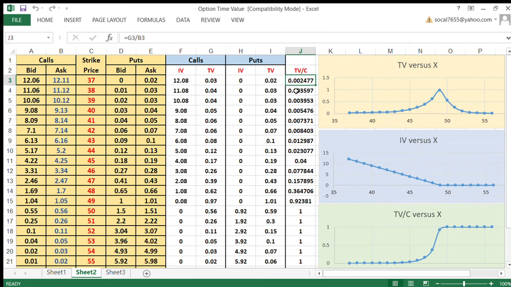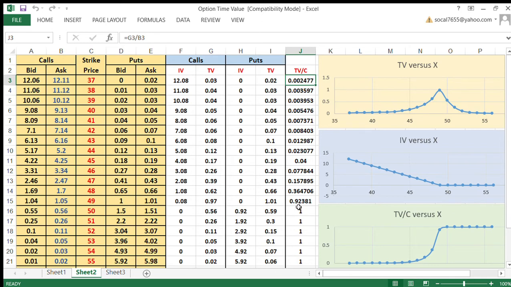And then as the call becomes less deep in the money, we see that ratio rises, and we go from 0.002, 0.003, 0.005, 0.007, 0.012, 0.023, sorry, 0.04, and then 0.07, then 0.157, 0.36, and then here it reaches its peak.